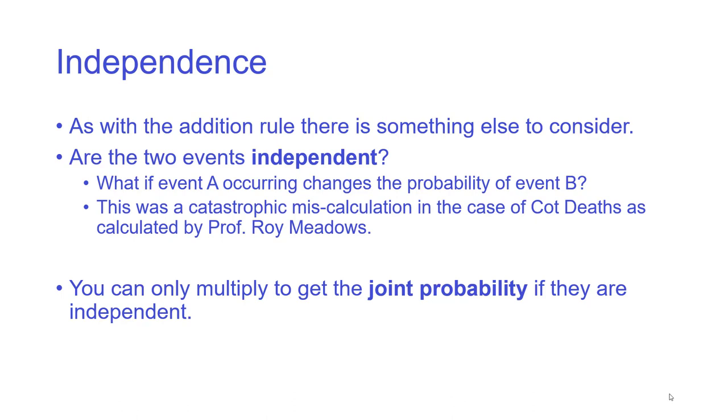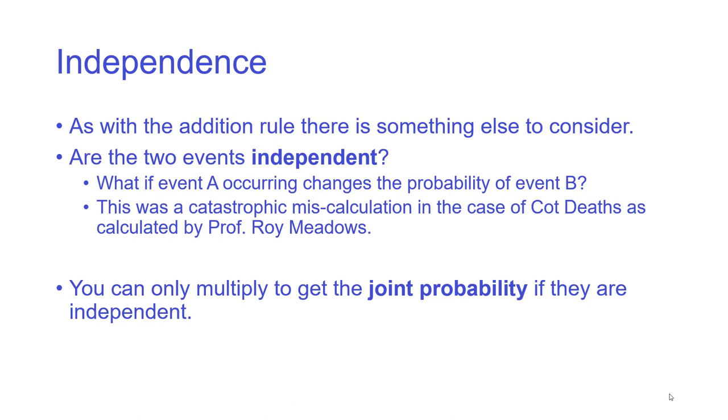Now in biology, you can use these probabilities of independence when calculating things to do with genetics. So unfortunately, this was a catastrophic miscalculation of the probability of cot death by Professor Roy Meadows. The calculation that they'd originally made was there's a 1 in 4,000 chance of a child dying from sudden infant death, or cot death.